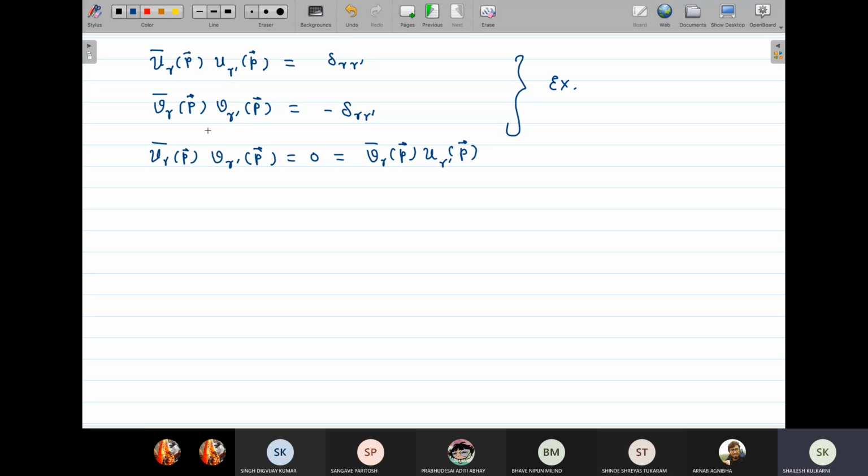It will be easier. But that we'll discuss after, when we discuss the transformation property of psi under Lorentz transformation. And so now we know the plane wave solution for the free Dirac equation.